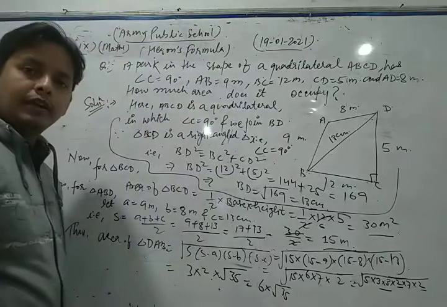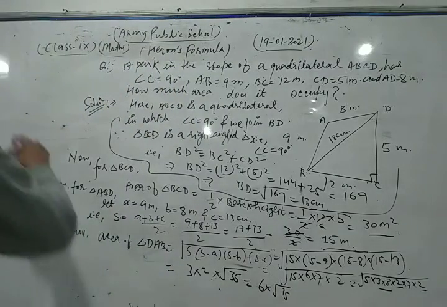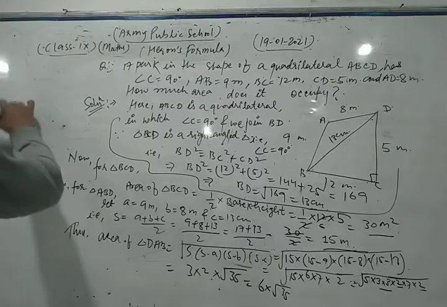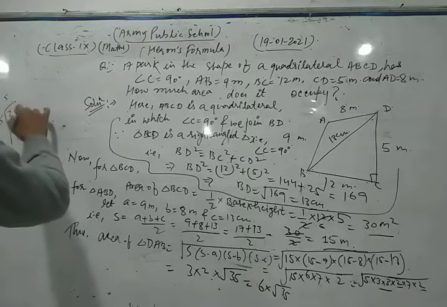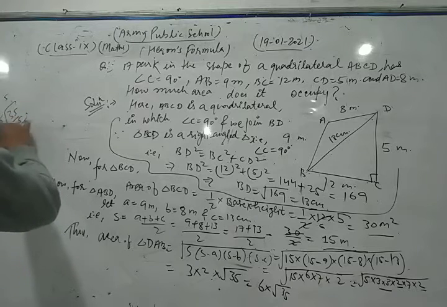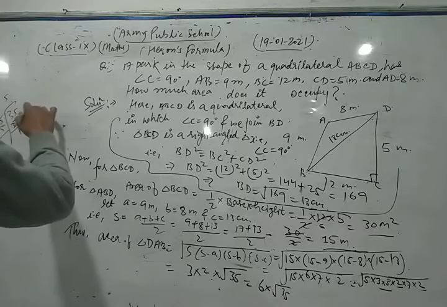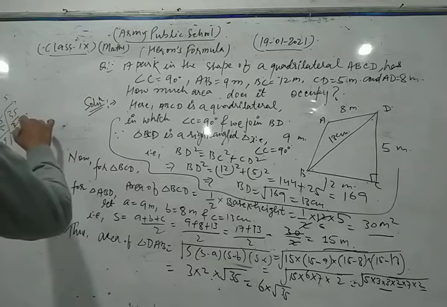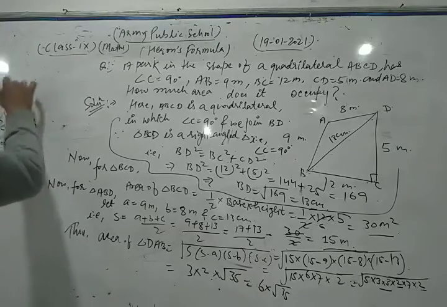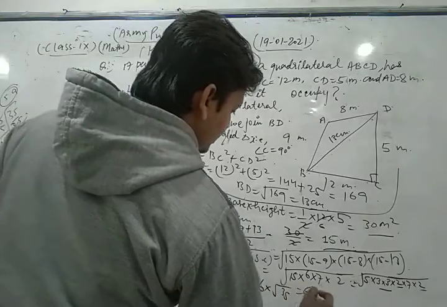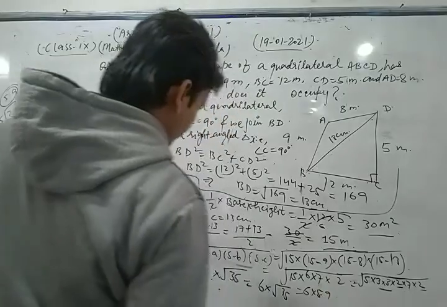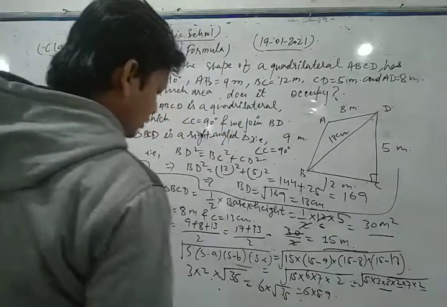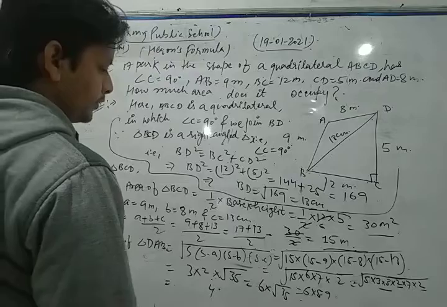Now we find the square root of 35. We assume the square root of 35 is 5.9 something. So here we write 6 into 5.9 something. 6 nines are 54, carry 5.